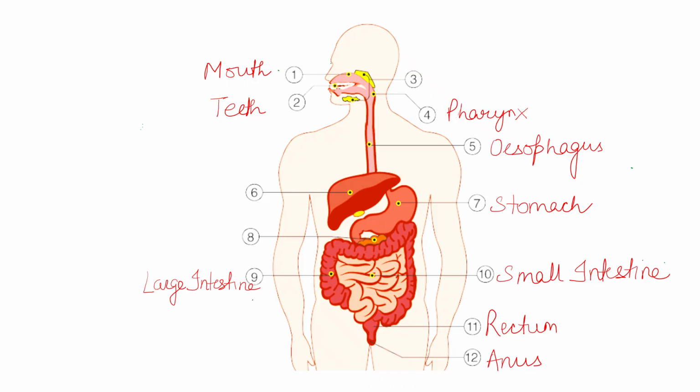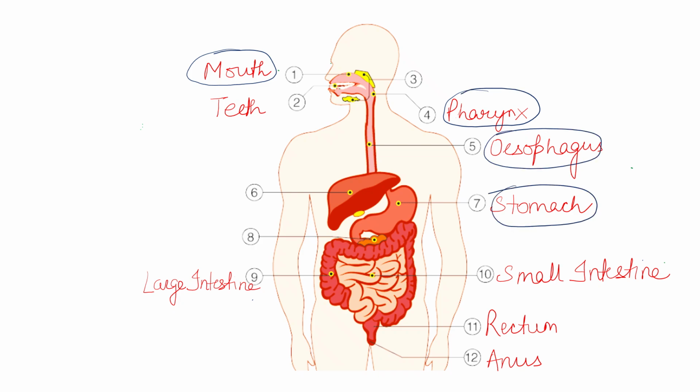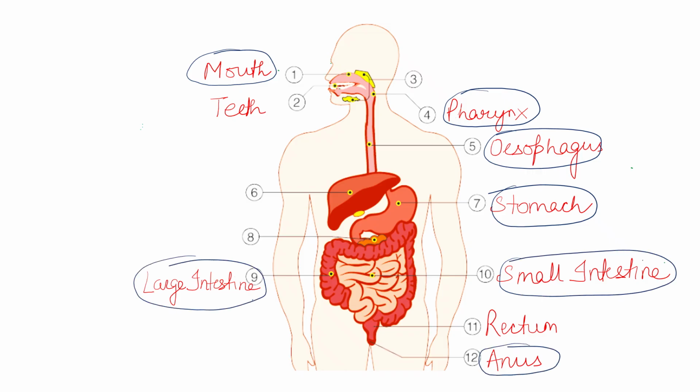So what are the parts of the alimentary canal? Mouth, pharynx, esophagus, stomach, small intestine, large intestine, and anus. Now we'll talk about the associated glands.